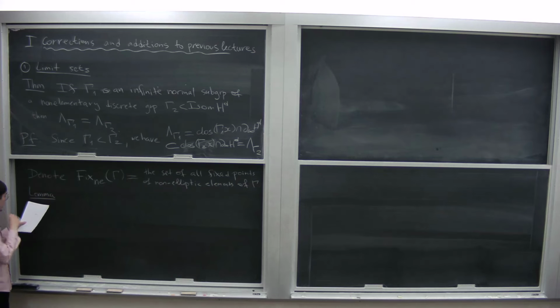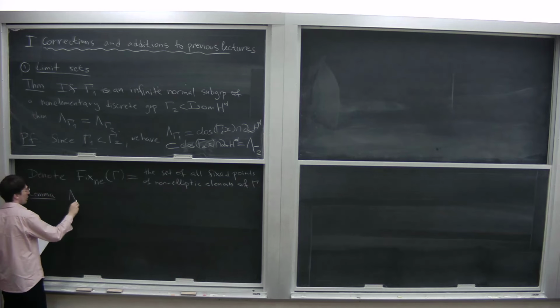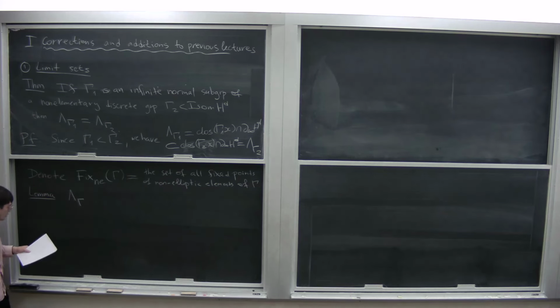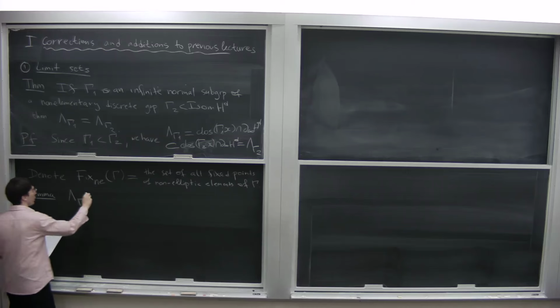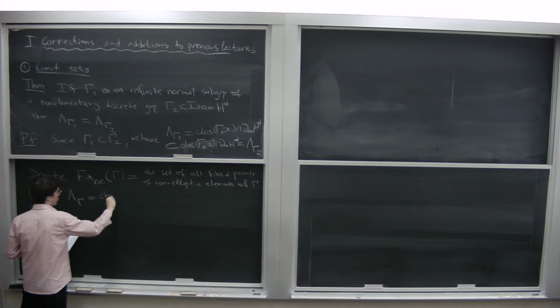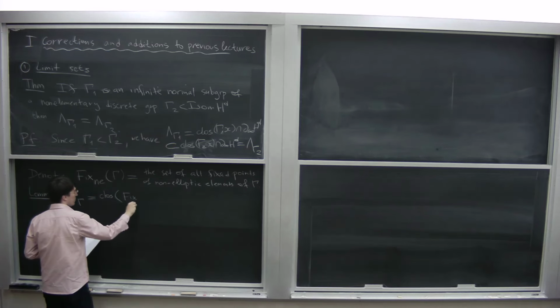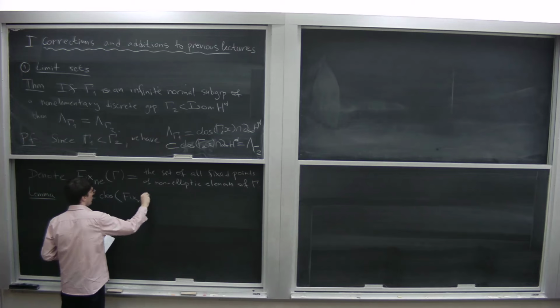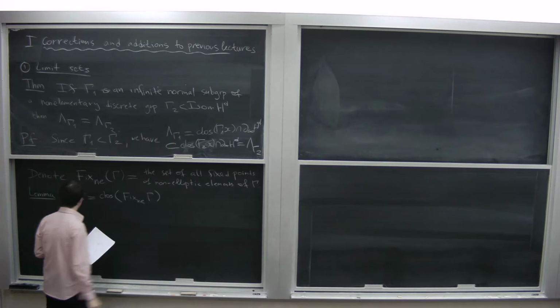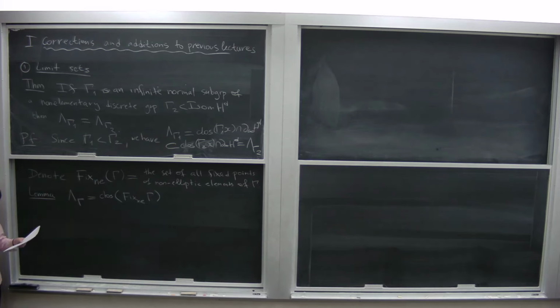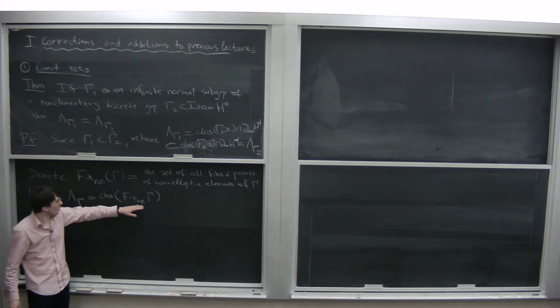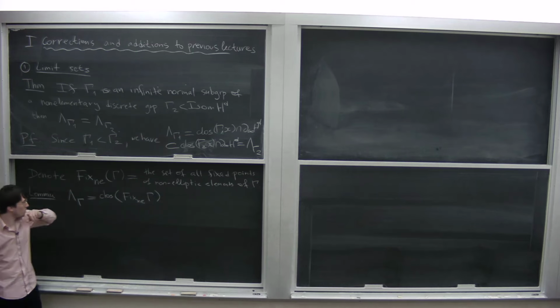First of all, lambda gamma is actually just the closure of this fix NE of gamma. Well, okay, I can just give a hint to the proof of this lemma, right?